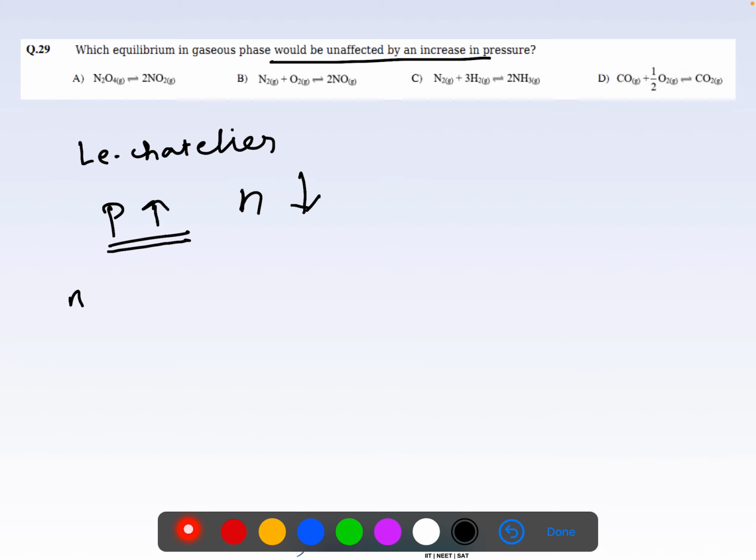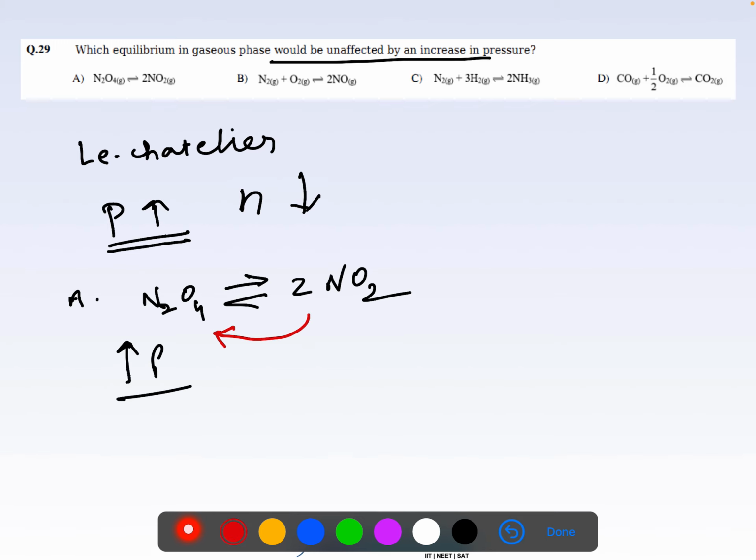For example, in option A, N2O4 is in equilibrium with 2NO2. Here, if I increase the pressure at equilibrium, the reaction will shift in the backward direction because there are fewer moles, that is 1 mole on the reactant side, whereas 2 moles on the product side.